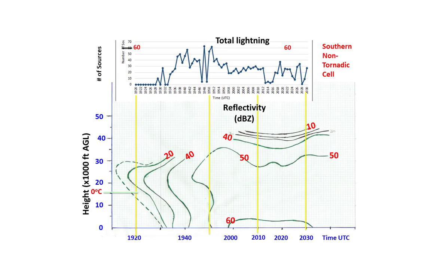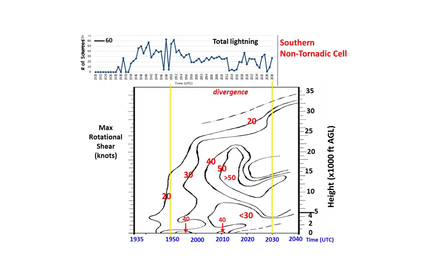So this was the southern storm, and you can see quite a difference here, in that the reflectivity builds up just as the other one, but then it flattens out, and the lightning, after increasing, then goes at a steadiness. And that agrees with the way the cell behaved as well. And in terms of the velocity, it had a nice increase at first, but then again, it holds steady, and we're left with this weak mid-level rotation.